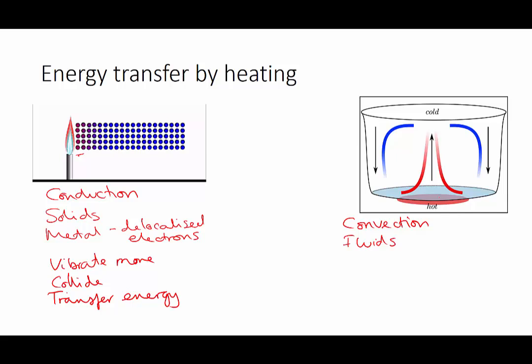We heat up the fluid nearest the heat source at the bottom of the container usually, and that causes the particles to move apart. When the particles move apart, that means the warmer fluid is taking up more volume but still has the same mass, so the density becomes less.